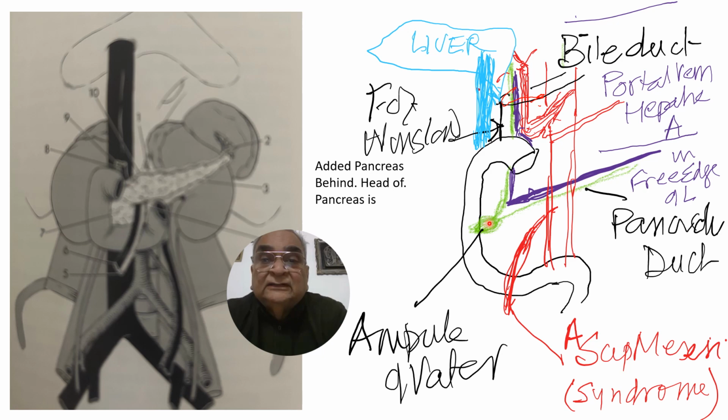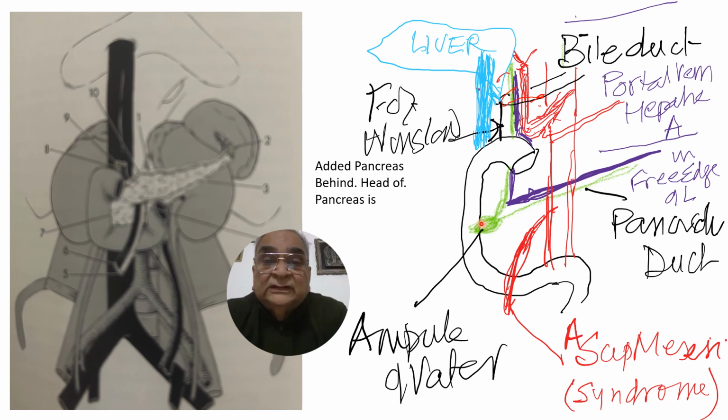So supposing there's a stone here, then the bile will regurgitate back into the pancreatic duct, will activate the protein digesting enzymes in the pancreatic duct and can cause pancreatitis.